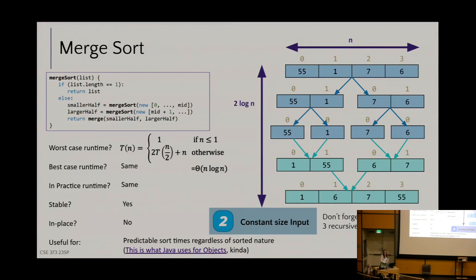It's very predictable. And because it is stable, this is one of the sorting algorithms that Java uses when you call Arrays.sort and what's stored in your array is objects. Because it's objects where stability matters, you know? Any questions on this one?